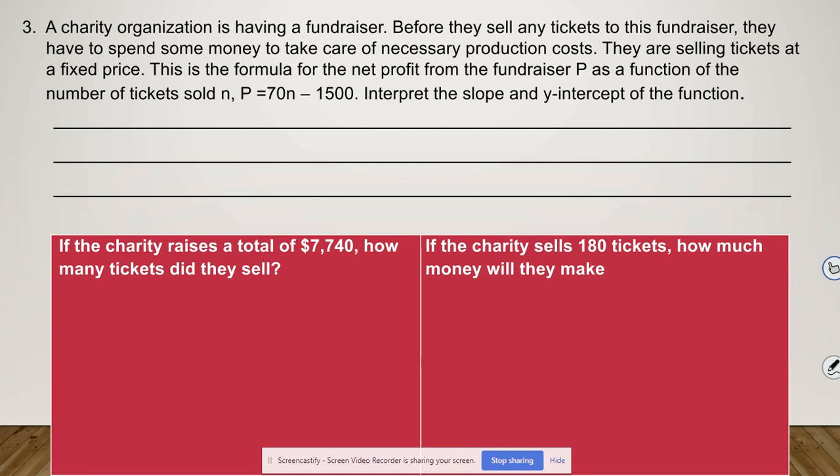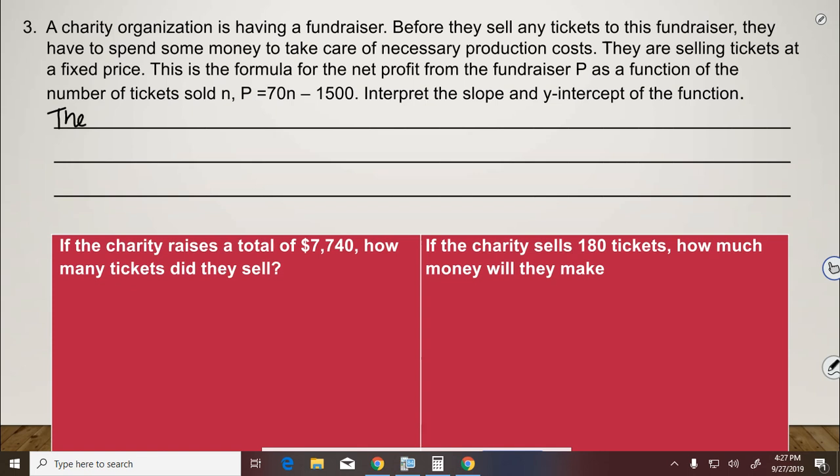So again, remember, slope is the rate. It's always attached to the n. So the slope is 70, and since it's the rate, it has to be the price per ticket and represents the price per ticket.